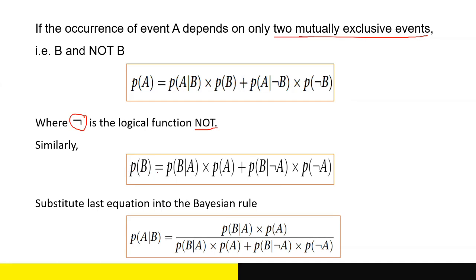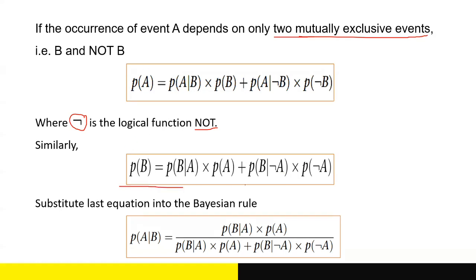Similarly, the probability of B is equal to P of B given A multiplied by the probability of A, plus P of B given not A multiplied by P of not A. So we see that A and B are simply swapped here, like what we did earlier.